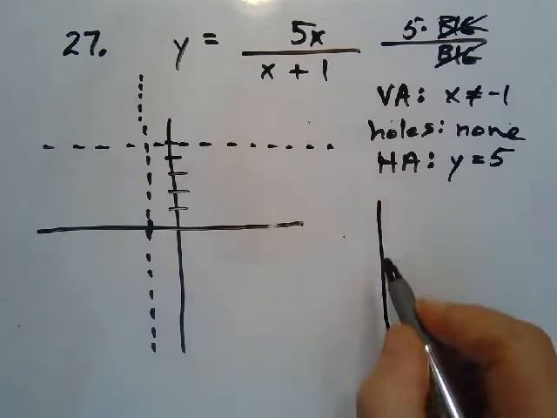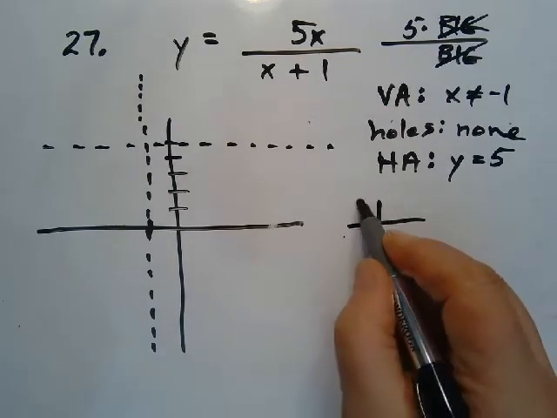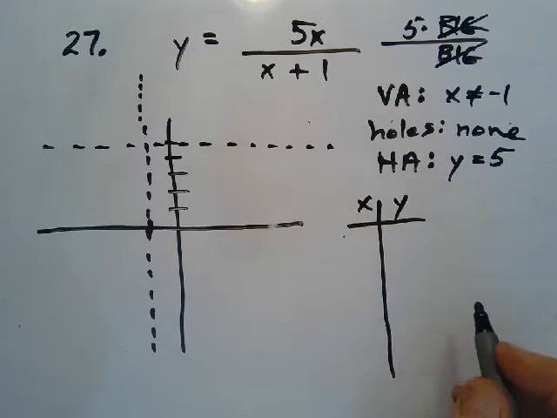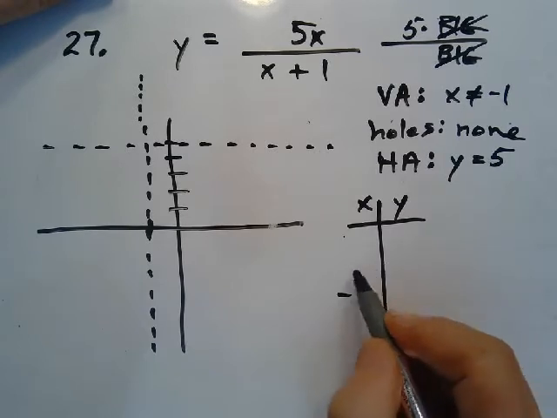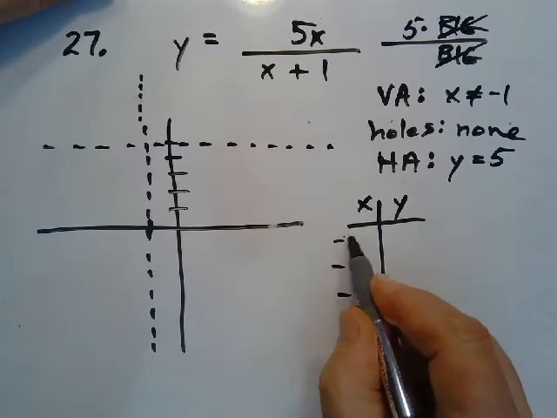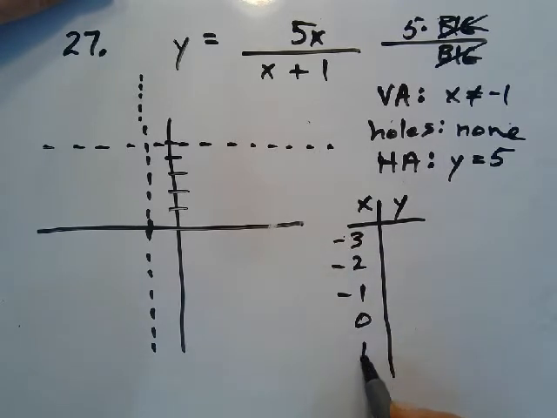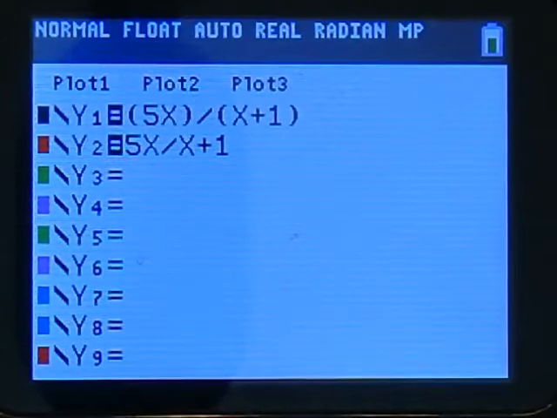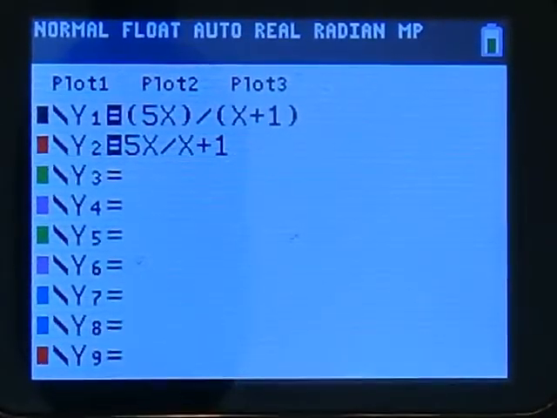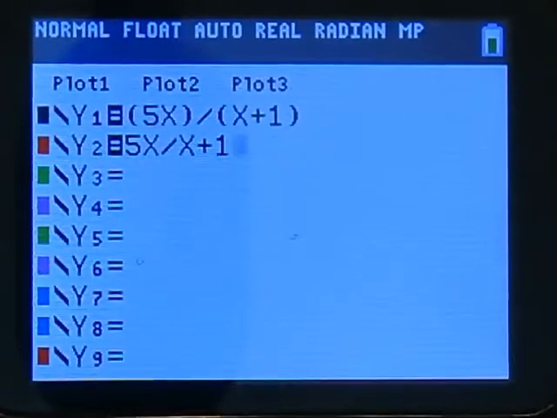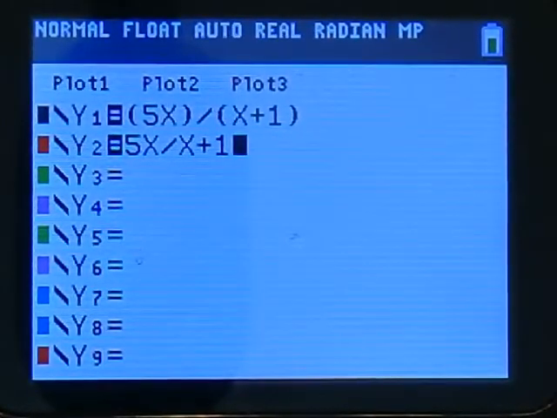Now, we could probably plot some points pretty easily here, but just for the practice, let's go ahead and use the calculator again. We know that our vertical asymptote's at -1, so we're going to check out -2 and -3 and 0 and 1, but we're going to use the calculator to do that. Let's go plug this in. All right, I went ahead and plugged our function in, and you'll notice looking at the calculator that I've done it two ways.